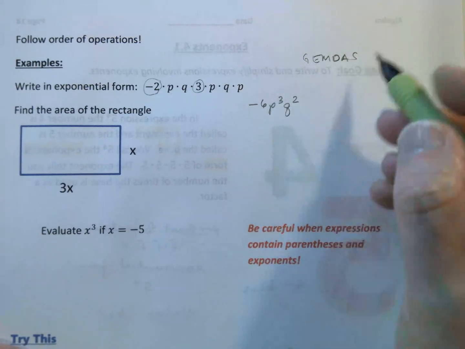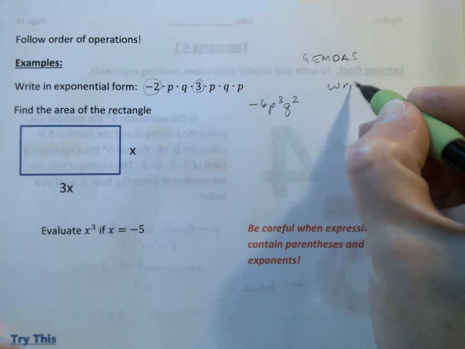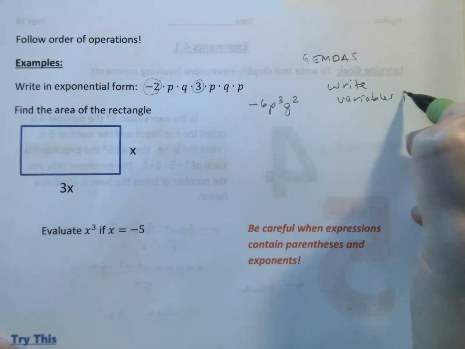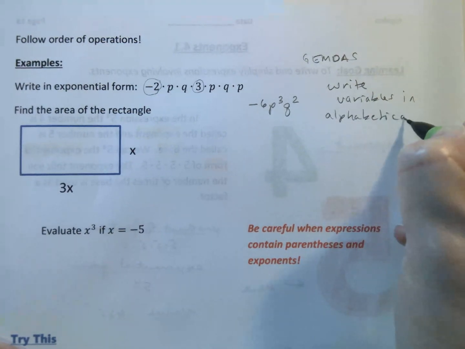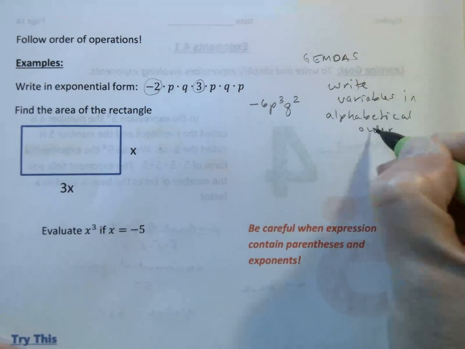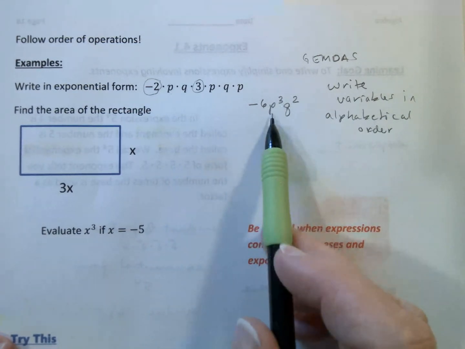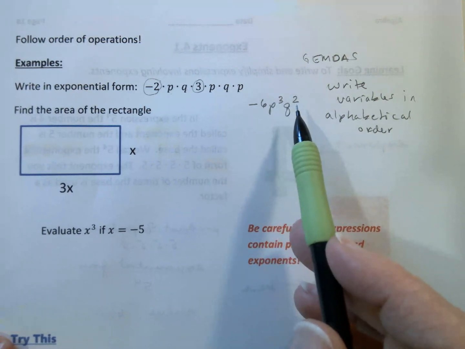In algebra, we write our variables in alphabetical order. The reason for that is you're going to have times when you've got a whole bunch of terms that have different combinations of variables.